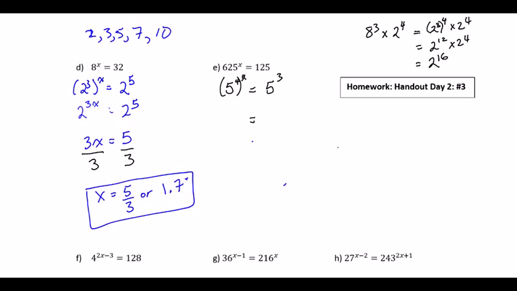Now we use power of a power, so we need to multiply these two to get 5 to the 4x is equal to 5 cubed. Now we just drop the base to get 4x is equal to 3. Now we divide both sides by 4 to get rid of the 4, and we end up with x is equal to 3 over 4, otherwise known as 0.75.